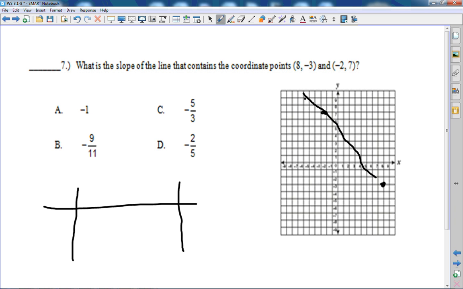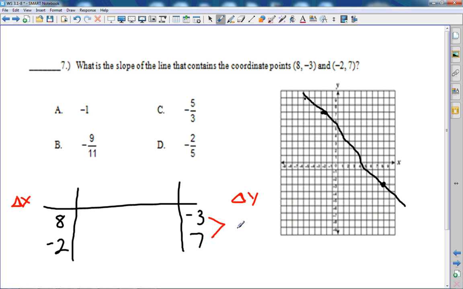One good thing about doing this is I can see that my line is decreasing, so my slope is negative. Oh, well, darn, that doesn't help me. They're all negative. I can also put it in a table, if you're more comfortable doing it this way, and do delta y over delta x.